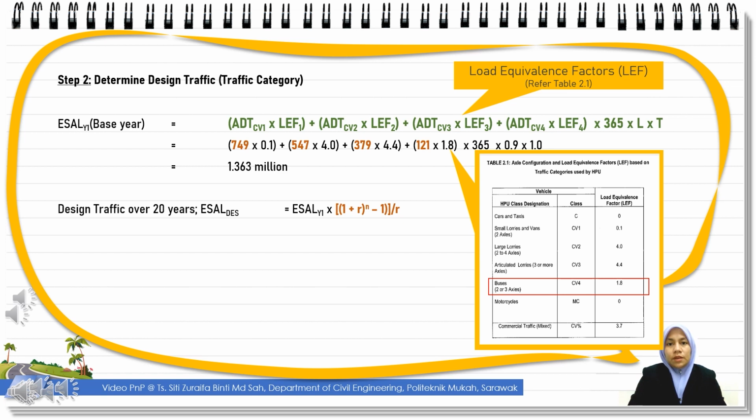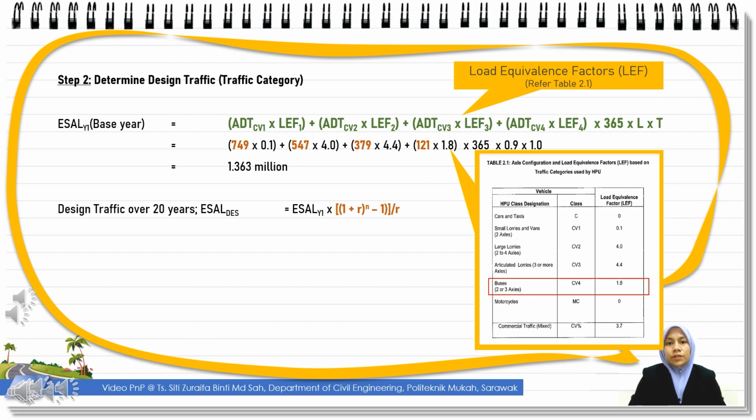After you get the number of axles for the design lane and base year, you must continue to the design traffic over 20 years axle design by using the following formula. From this question, there is no need to refer to table 2 for the value of TGF, because the value for annual growth is not in the table.